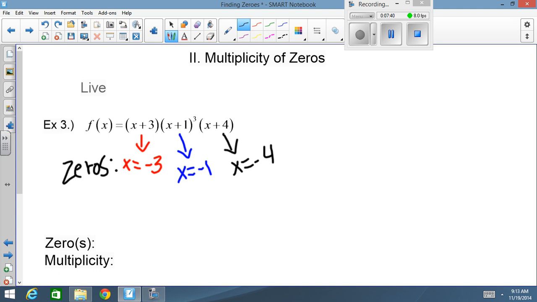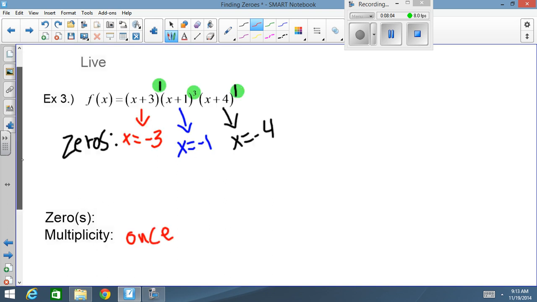Now, as far as the multiplicity goes, these are all odd-numbered exponents: 1, 3, and 1. So the multiplicity is only going to be once for all of these. So all of these are going to go through the x-axis when I graph this. Okay? They're not going to bounce. They're going to go through the x-axis. If any of them were squared or fourth or sixth, then it would bounce off and go back where it came from.